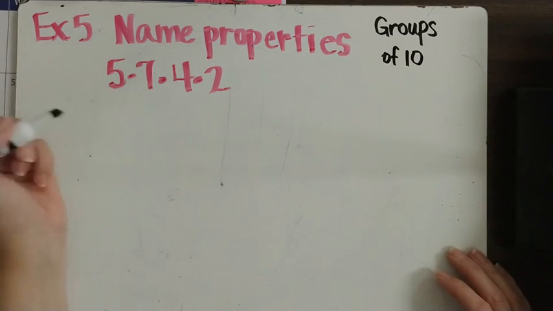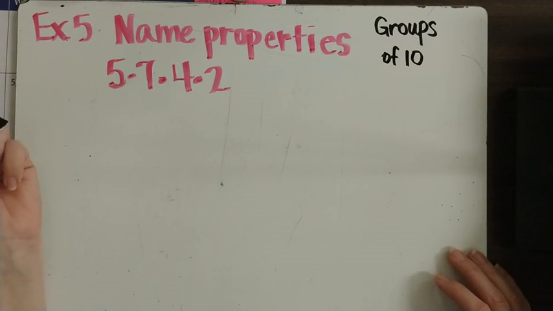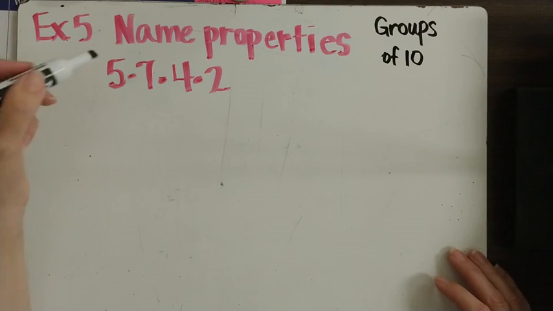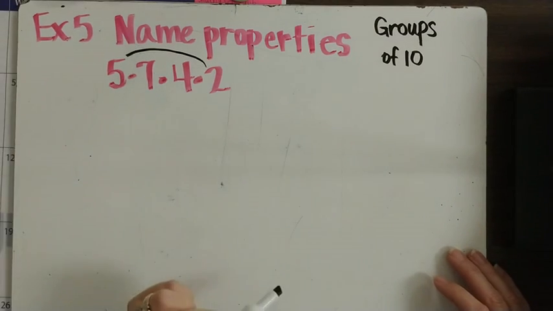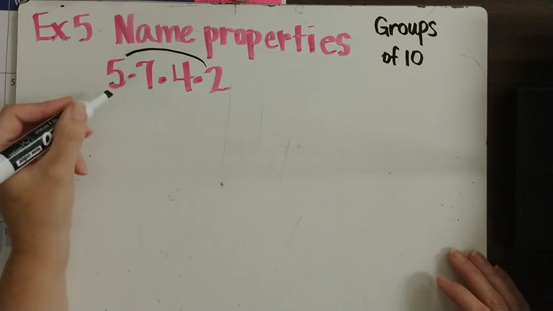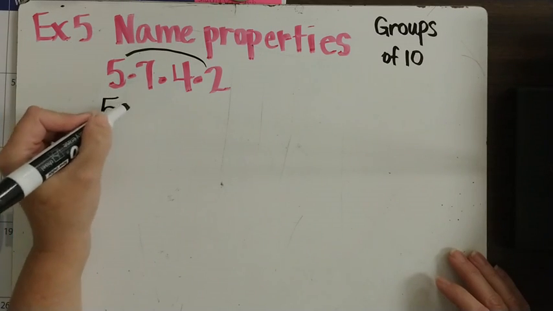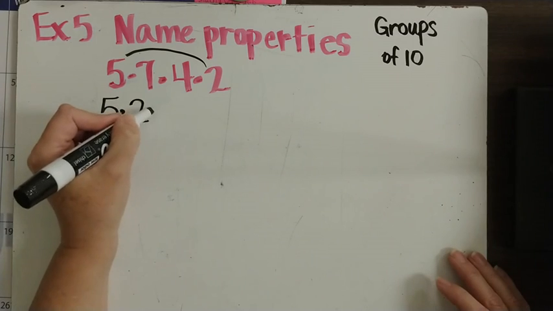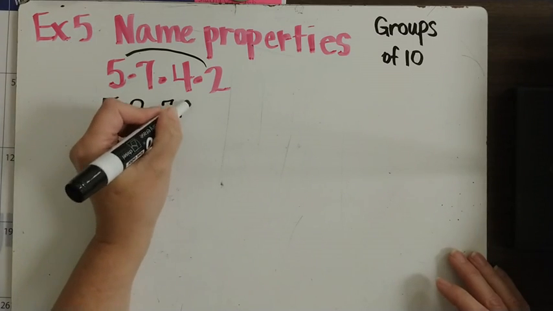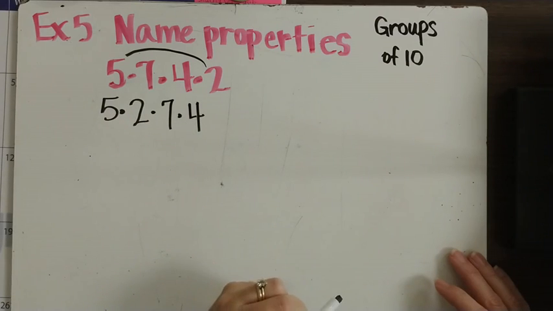So I'm going to rearrange this so that I can make a group of 10. And to me, I see that 5 times 2 is going to make 10. So I'm going to rearrange this to put the 5 and the 2 together. And then I'll have the 7 and the 4 together.